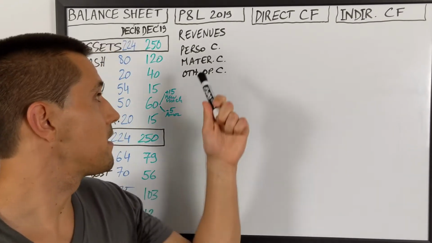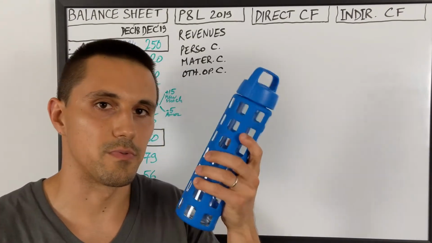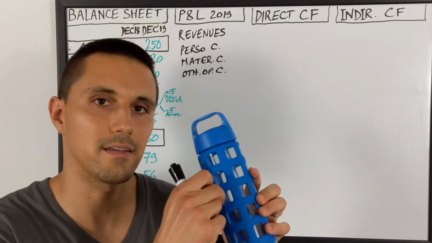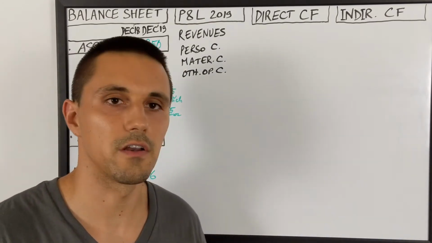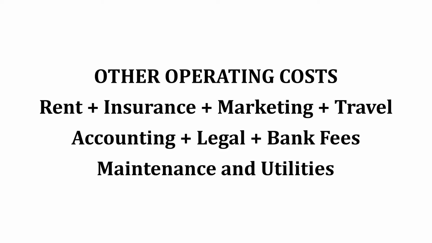So then a second category, material. As we already discussed, to produce these kind of bottles you need some glass and some rubber, which is gonna be your material costs. Other operating costs is basically all the rest which is operating. For example, the rent for your factory, the insurance of the business, office supplies, and all these kind of things. I can give you an extensive list of that.